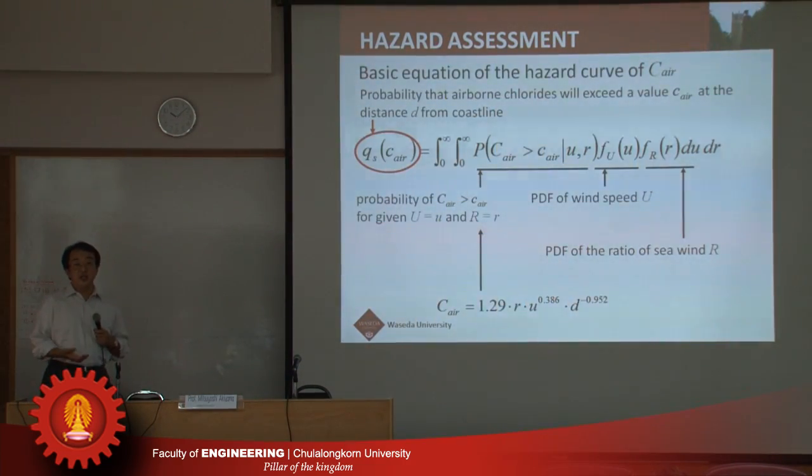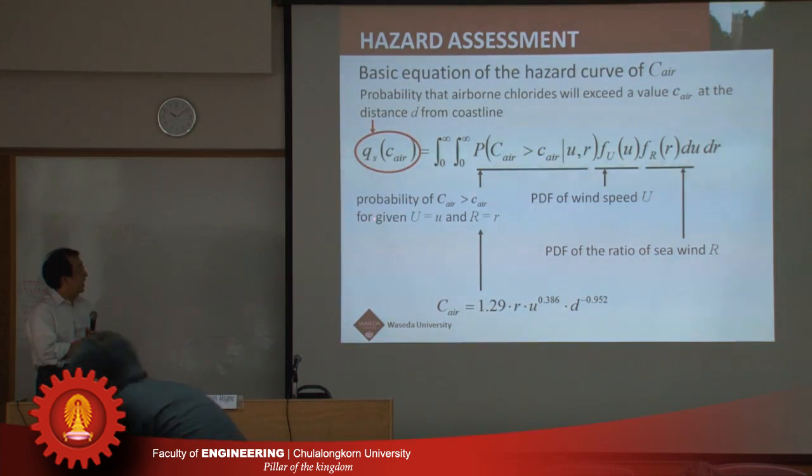To obtain the hazard curve associated with airborne chloride, we can use similar equations to those used to obtain the seismic hazard curve. So again, the probabilistic density function of wind speed and the ratio of sea wind are used.